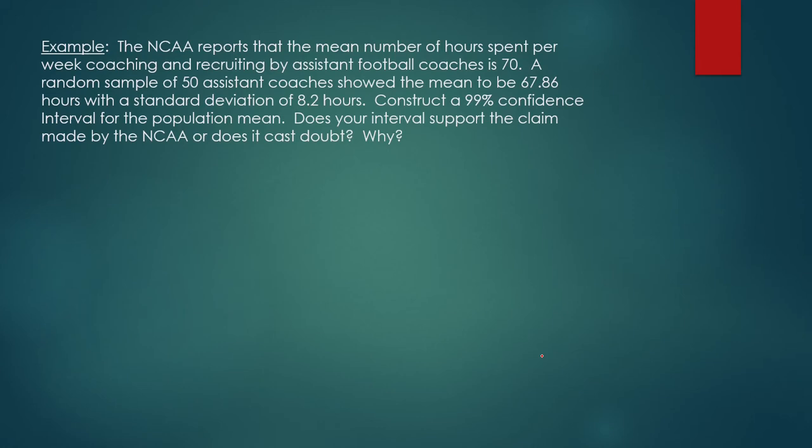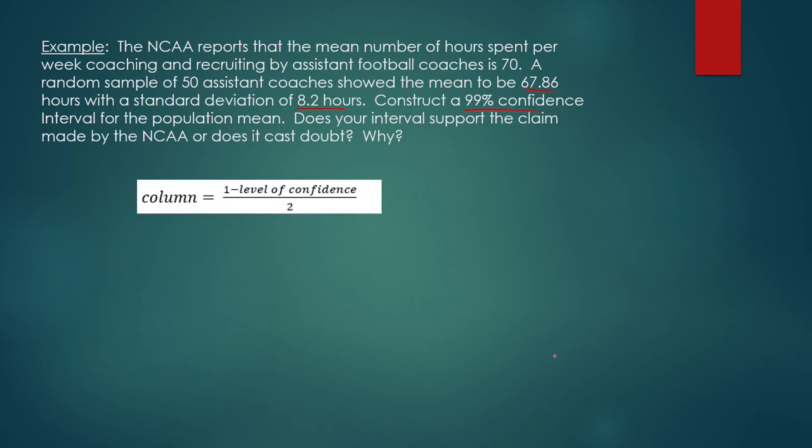Why? So in this problem, I need to locate the sample mean, which is here, 67.86, the standard deviation, which is 8.2, and I want to calculate a 99% confidence interval. Now to calculate the confidence interval, we need to determine which column to use.